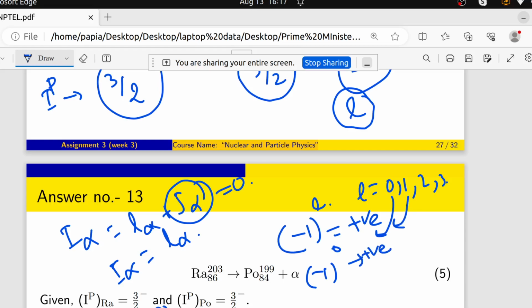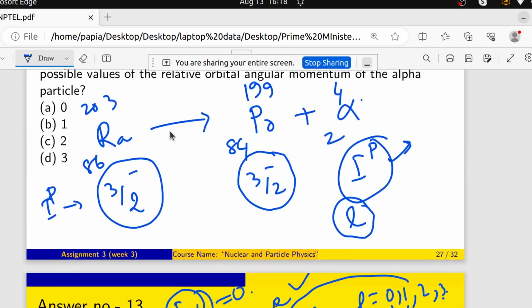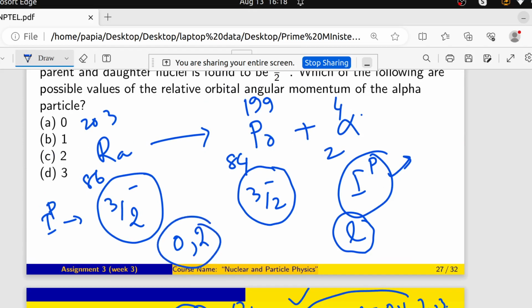If it is 1, then minus 1 to the power 1 is negative, so this value will not be correct. L equals 2, minus 1 to the power 2 is positive, that is correct. L equals 3 is also not correct, right? So the possible values of L will be 0 and 2 only. 1 and 3 will be discarded by the parity conservation of strong nuclear interactions. So the correct values of the relative orbital momentum are 0 and 2.